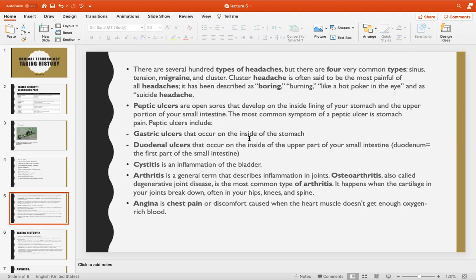And the second type is duodenal ulcers that occur on the inside of the upper part of the small intestines. The duodenum is the first part of the small intestine.